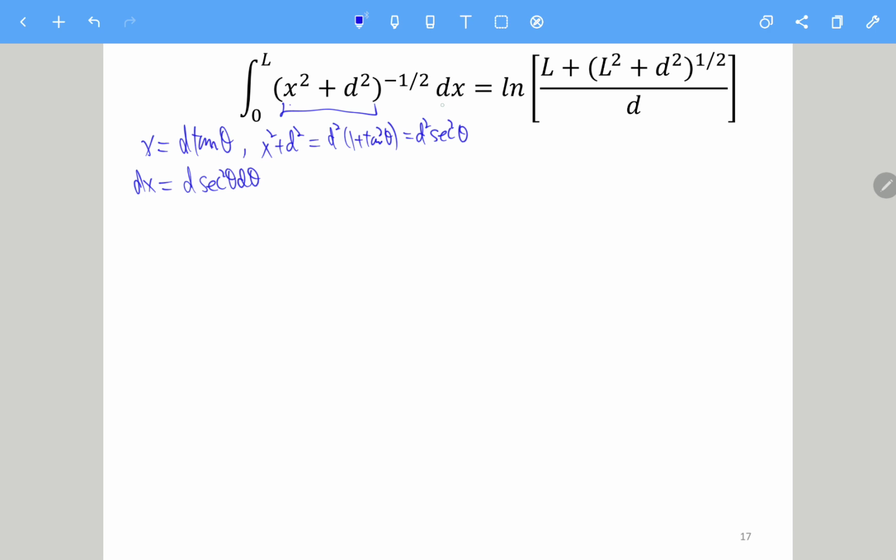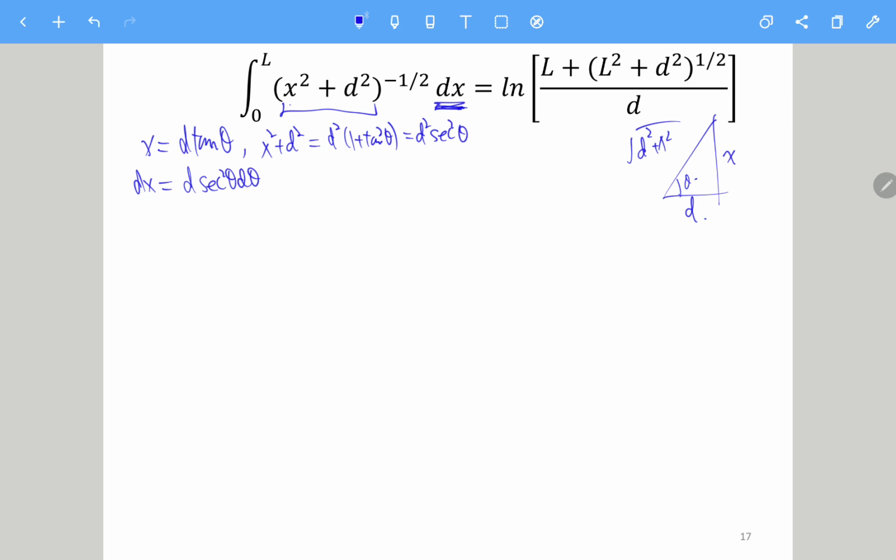As we have a change of variable, originally this is dx from 0 to L, we need to find the corresponding lower and upper bounds after changing the variable. So x over d is the tangent of theta. This is theta, and this is the square root of d squared plus x squared.